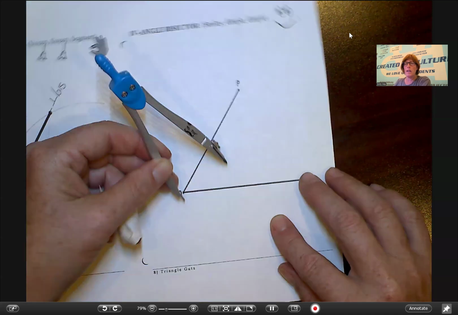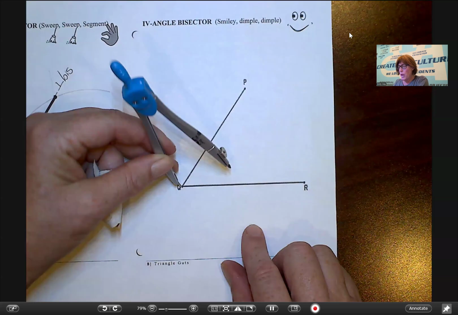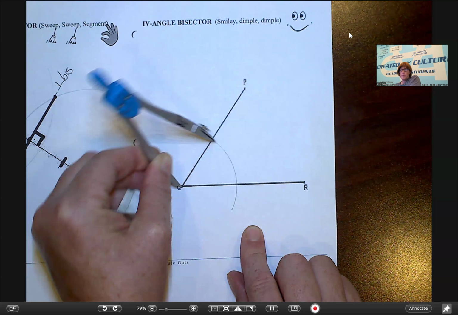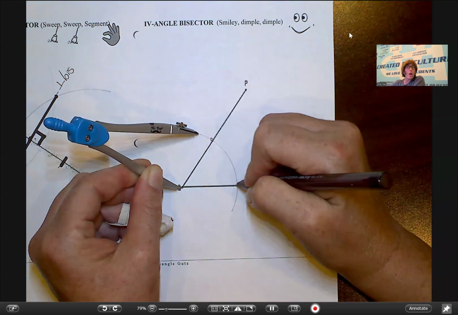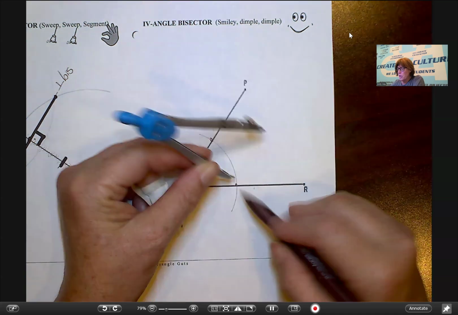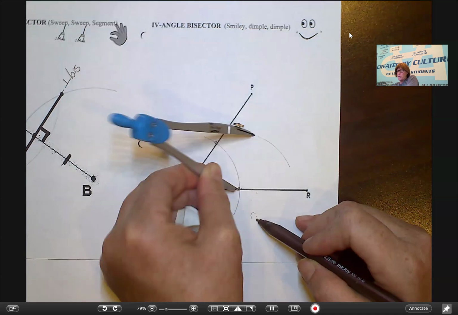And an angle bisector is you plant your pivot and you sweep a smiley. You have 2 points of intersection. I call those dimples. You don't change your compass setting between them. Put one here. Dimple, sweep.